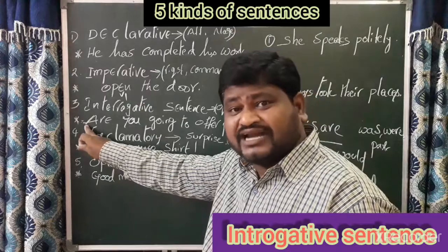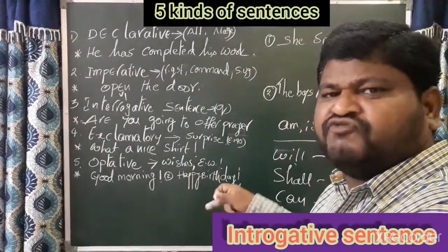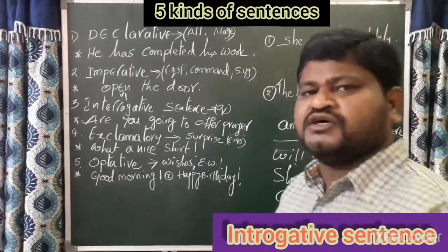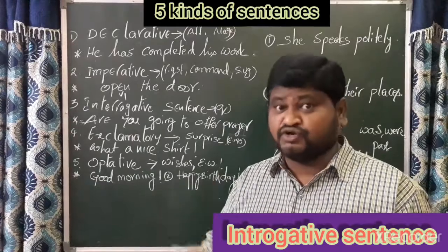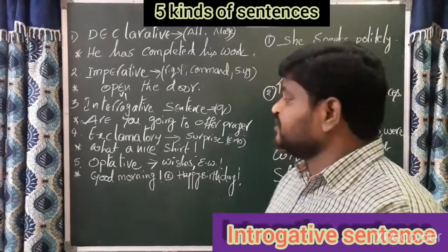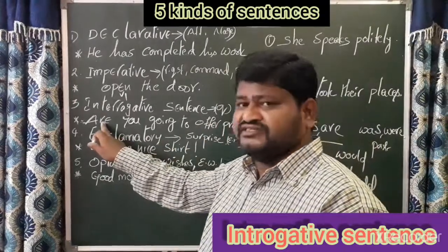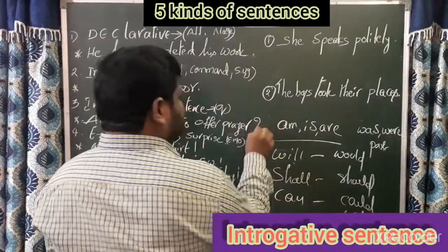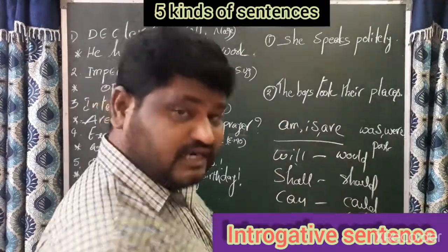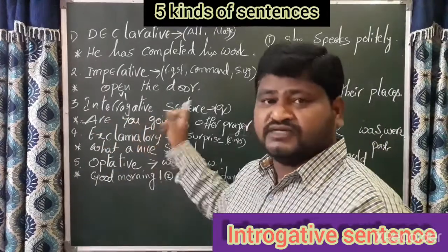What we call the helping verb, I already told you from the beginning of this video: be forms, have forms, do forms, modal auxiliary verbs and semi-modals also. So the interrogative sentence always starts with the helping verb and ends with the question mark. That is what we call the interrogative sentence.